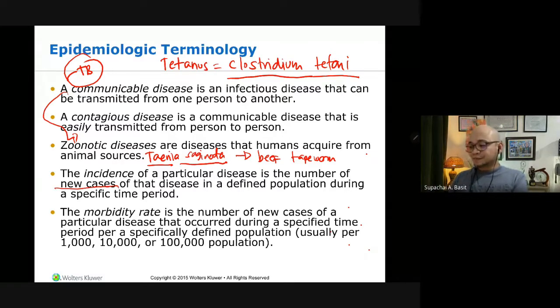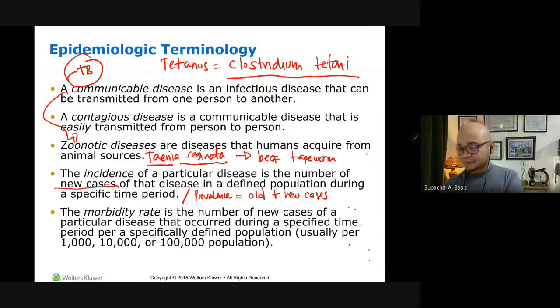This is different from prevalence, because when you say prevalence, you are actually referring to old plus new cases of a certain disease in a defined population during a specific time period.